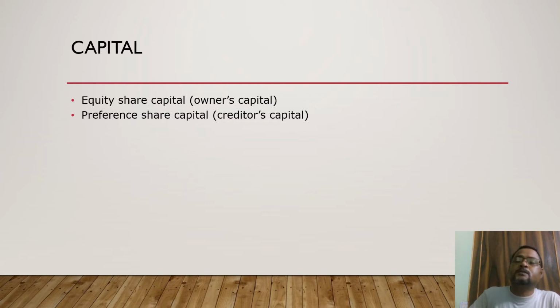Then that percentage of the profit will be paid to the equity shareholders as distributable profit, and the same is known as dividend. But the amount or percentage of dividend is never fixed for equity shareholders. But for preference shareholders, whether a company makes a profit or not, the amount of dividend, which is generally described as a percentage of the capital invested, will be paid irrespective of the profitability of the firm.